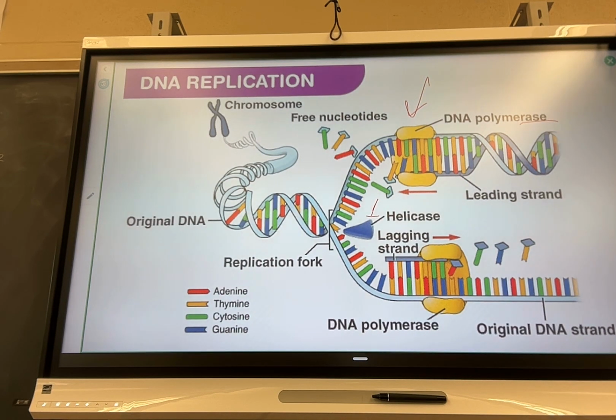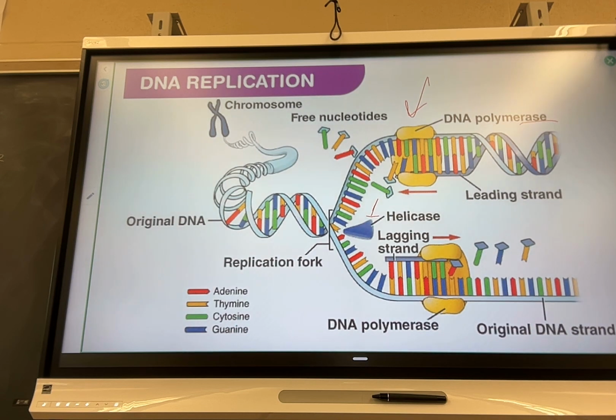It's like if I give you a set of instructions to go to lab bench 1 and make the models, the telling you where to go would be the same thing that primase does. The DNA polymerase is then going to attach it, and it's going to take these free-floating nucleotides and keep sticking them onto the DNA. It's going to do this in a very special direction, which we'll talk about in the next slide.